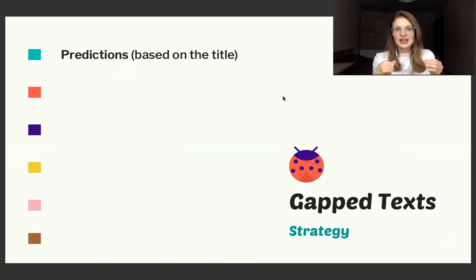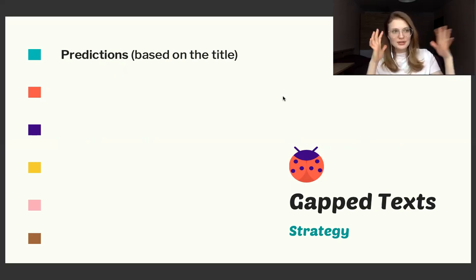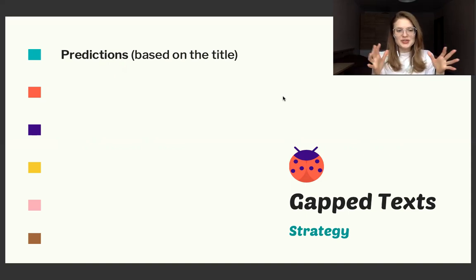Normally, when you do a gap text yourself, you don't do that. But for example, if you're a teacher and you teach someone the strategies, you prepare a student for an exam, I suggest that you do that because it helps you and your student tune into the text and somehow try to focus on what he or she is going to read about.